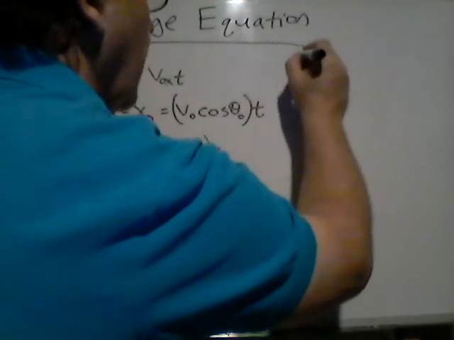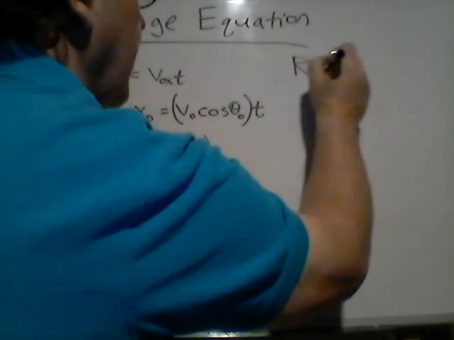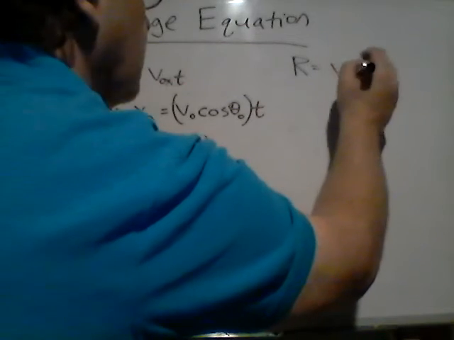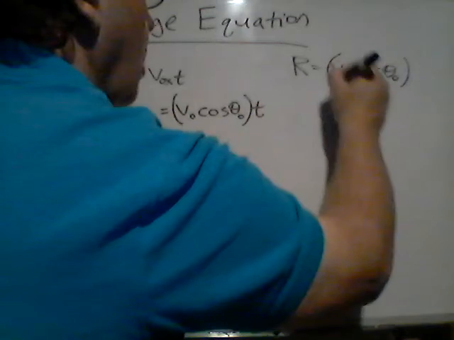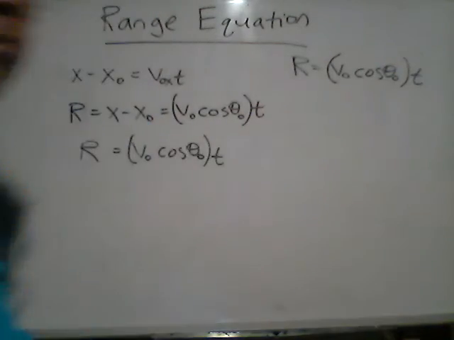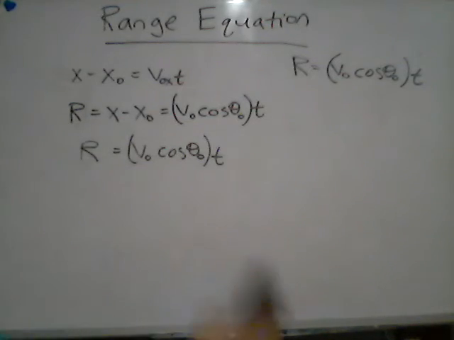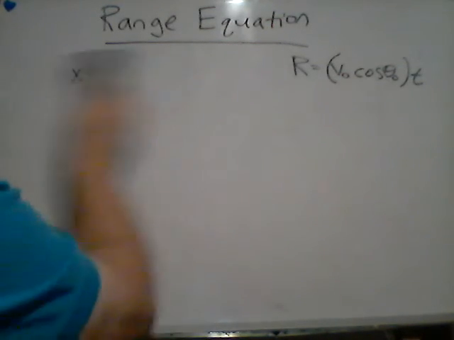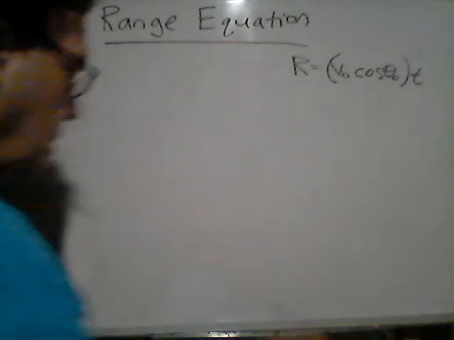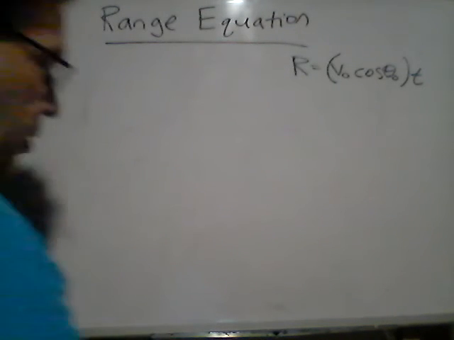So the range is, again, v naught cosine of theta naught multiplied by the time. Okay, so I'm going to put that to the side and erase this, and that's really the only equation I have in the x direction. There's not much to go with in the x direction.